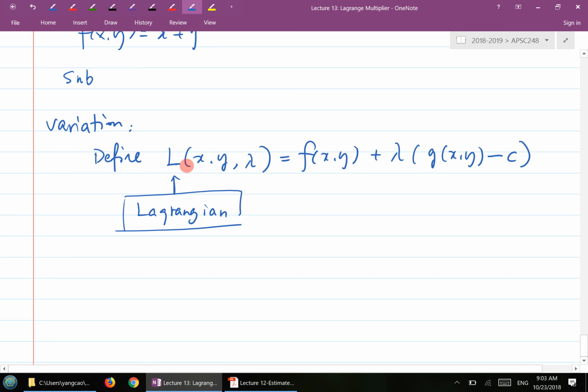So what's so special about this new function L, then? If I forget about everything and just say, here's the function L, and I want you to minimize or maximize this function L, what's the first step you would do?